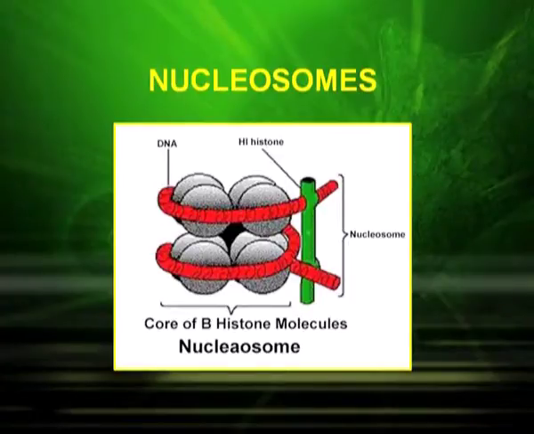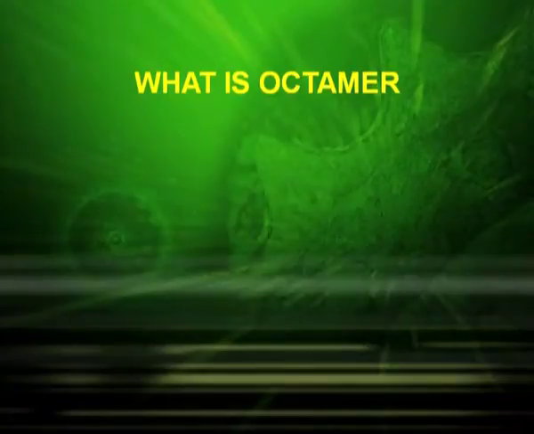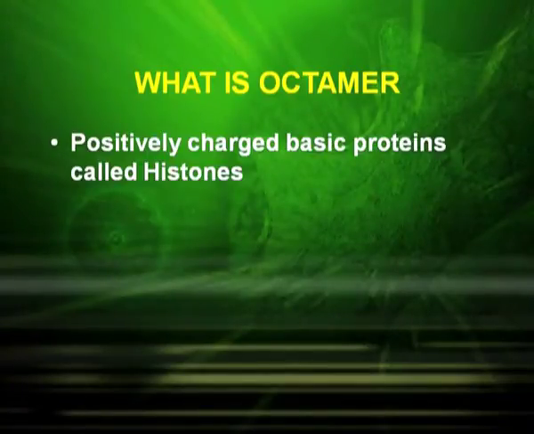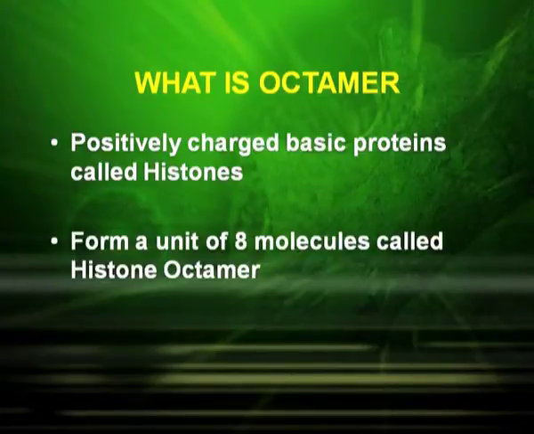Now, let us go into detail on the structure of the nucleosome. What is an octamer? This is made up of positively charged basic proteins called histones. The octamer is made up of 8 histone protein molecules. These histone protein molecules are positively charged basic proteins.